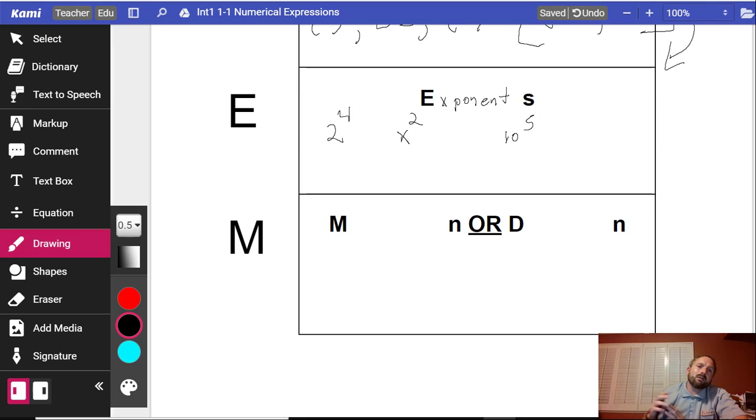The next one is a combination of multiplication and division. So let's write it in. And so we'd have to go left to right.